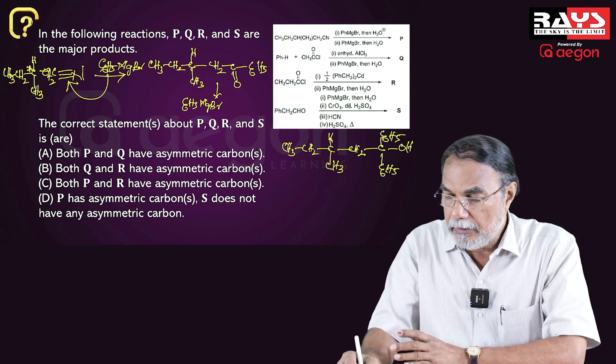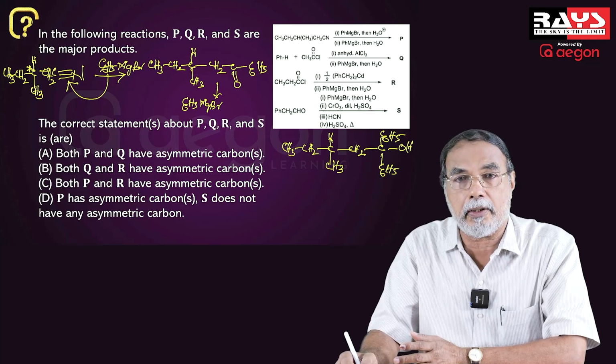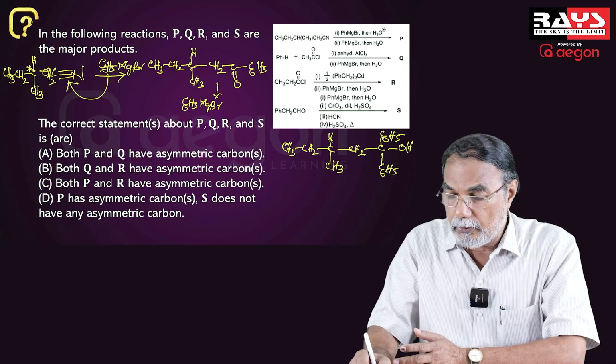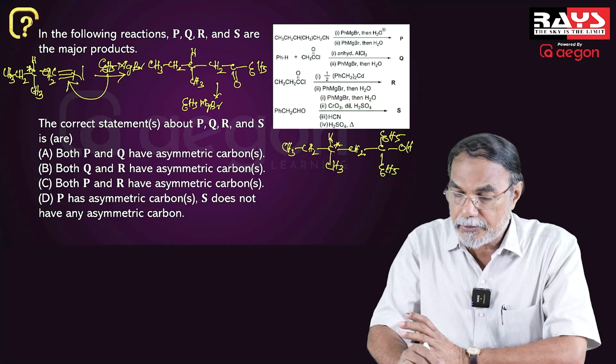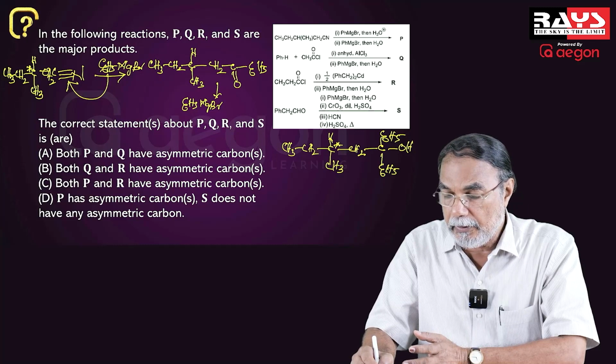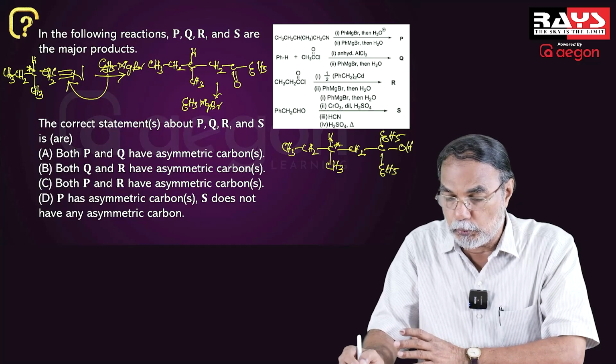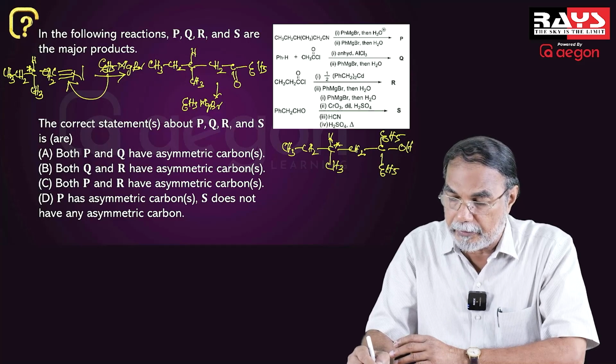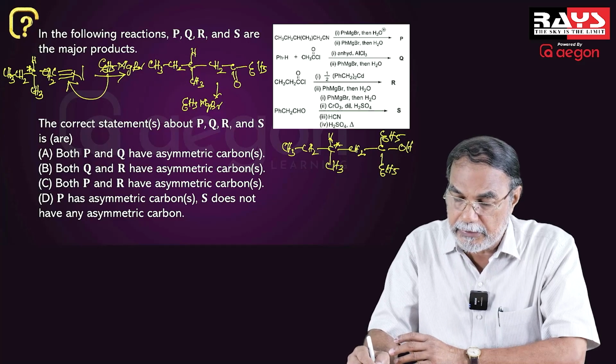So what you get is a tertiary alcohol. And in this carbon atom, in the tertiary alcohol, two phenyl groups are there, therefore it is not at all chiral, but the original chirality is already there. You have the asymmetric carbon atom in the substrate, so that asymmetric carbon atom is in the product too. That means P contains an asymmetric carbon atom. So remember that P contains an asymmetric carbon atom.